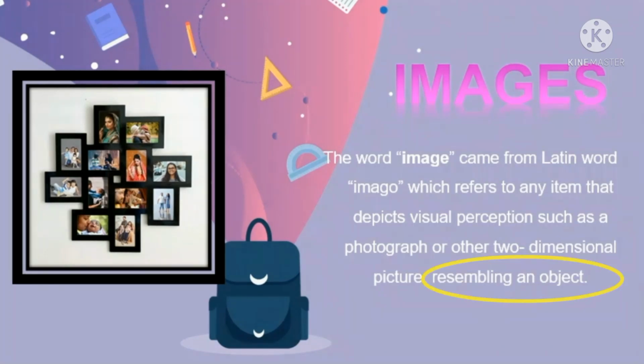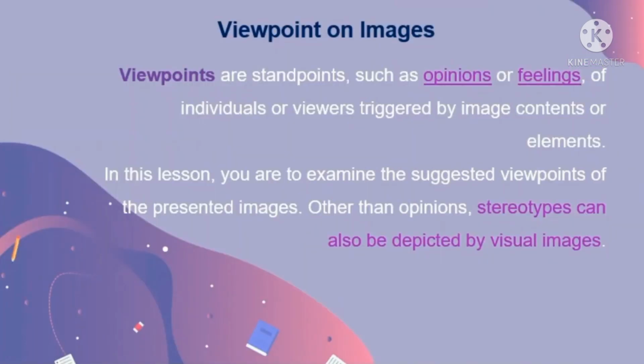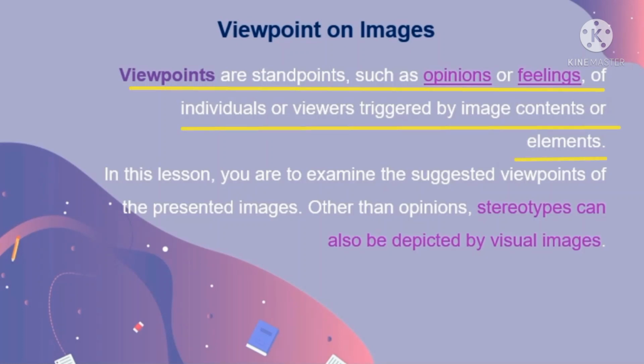This means images are two-dimensional copies of an object. And through these images, we can give different viewpoints or points of view. Viewpoints are standpoints such as opinions or feelings of individuals or viewers triggered by image contents or elements. There is something in images that provokes us to give or express our opinions.